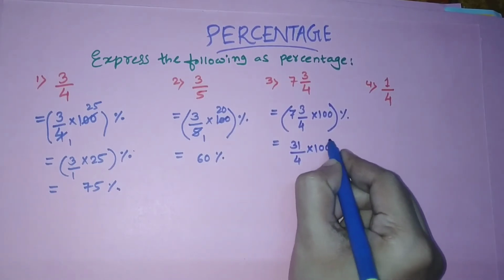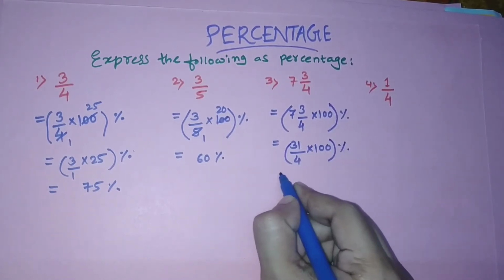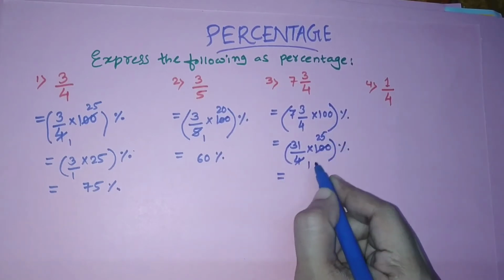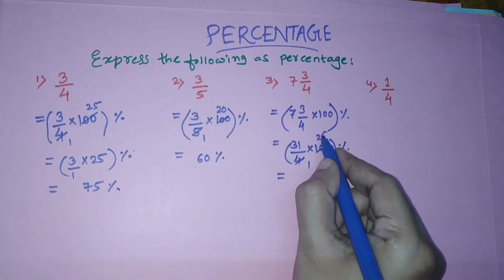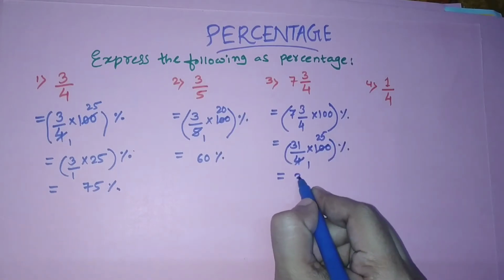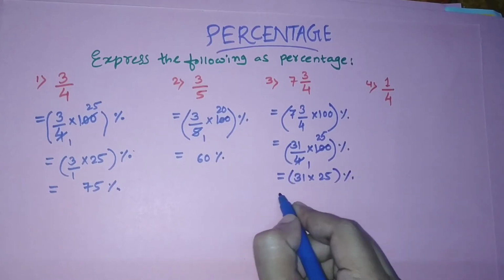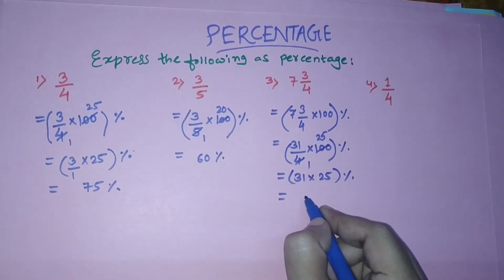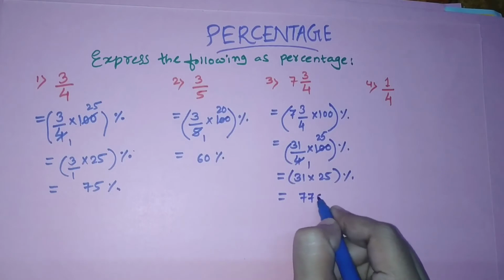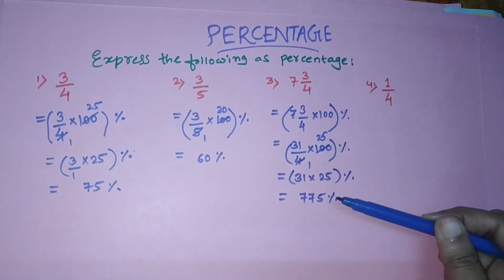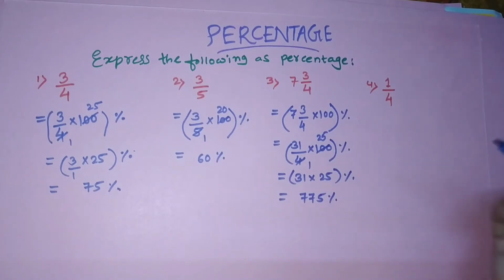We multiply it by 100. So here 31 multiplied by 25, and after this multiplication you get 775%. So 7 integer 3 by 4 is nothing but 775%.